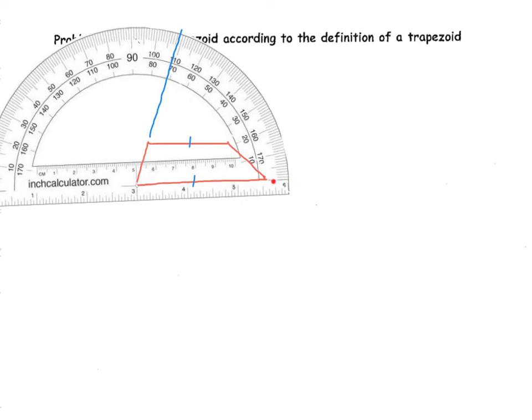So this is 0 because it goes 0 to 10. So 0 is where this line is extending to. That's where I start. So I'm going to count starting at 0 until I get to this line. So 10, 20, 30, 40, 50, 60, 70, but I'm one line after 70, so that would be 71.